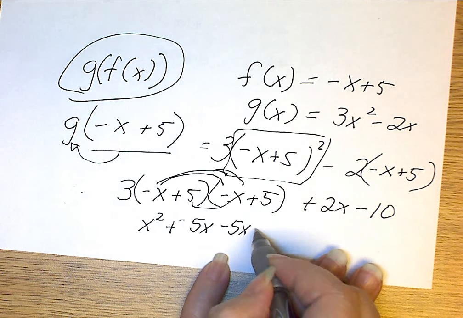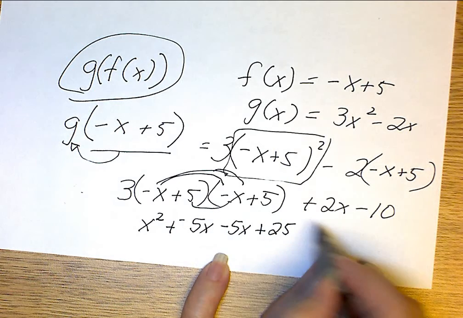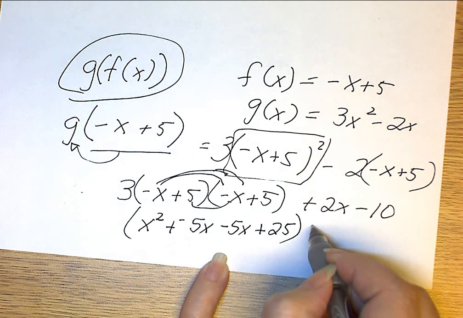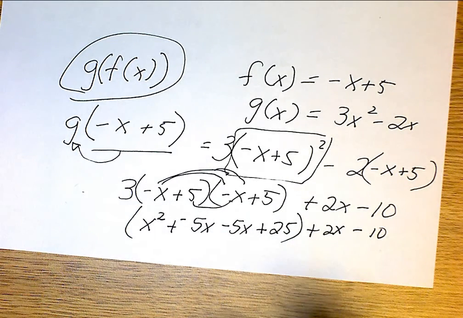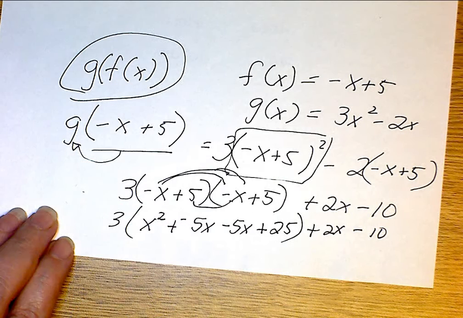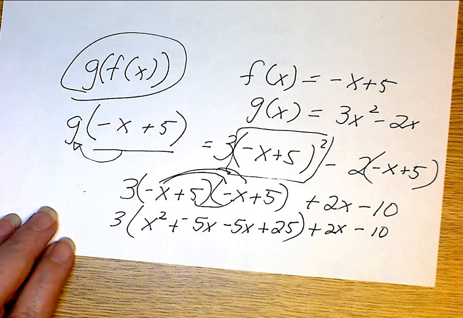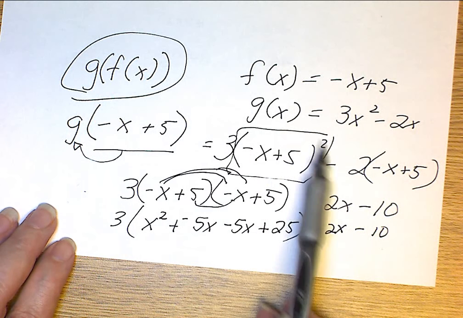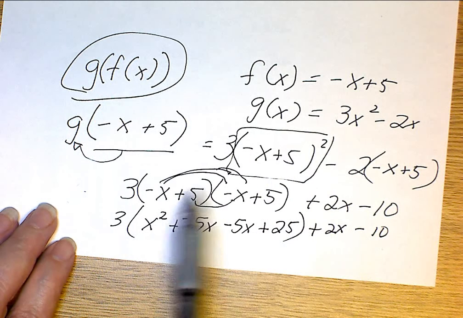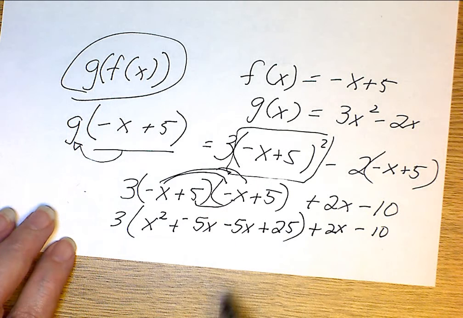Outer is 25. Plus 2x minus 10. And bringing down that 3. Biggest thing on your test tomorrow: if you get that square, make sure you write it out 2 times. That's the biggest thing on this.